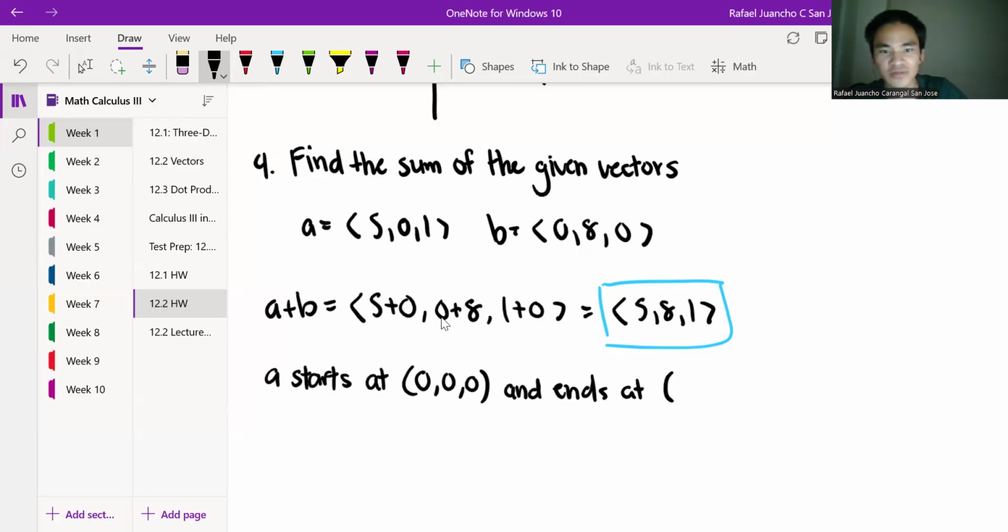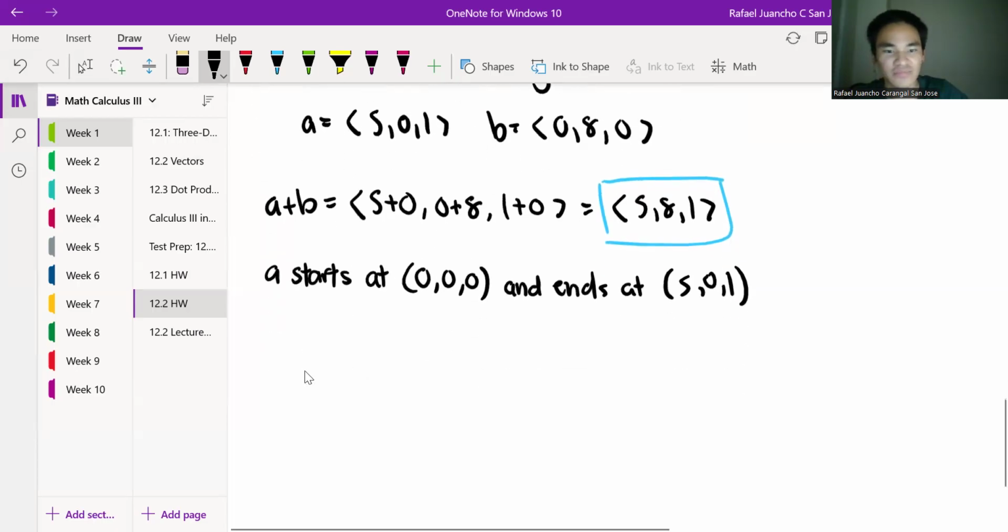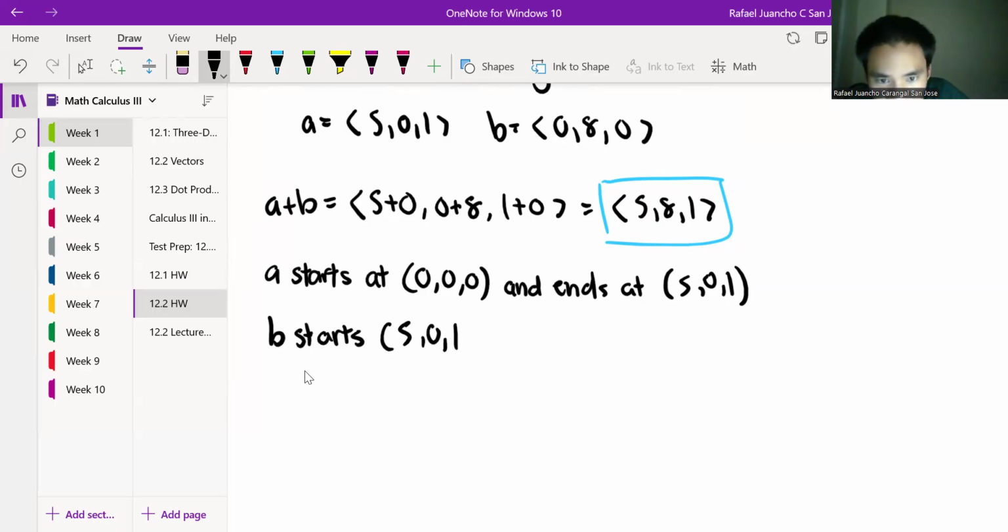This one's a no-brainer. Ends at 5, 0, 1 because that's a given. And B should start at the tip of A. So B starts at 5, 0, 1.